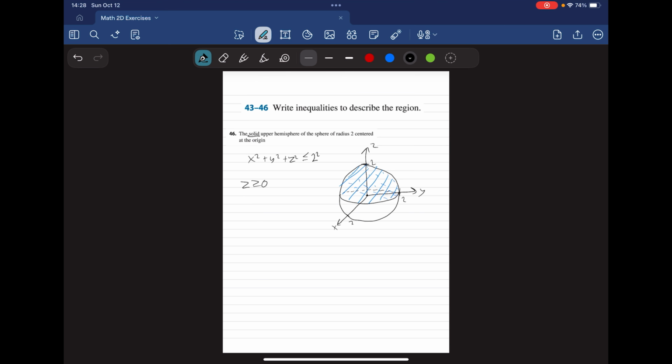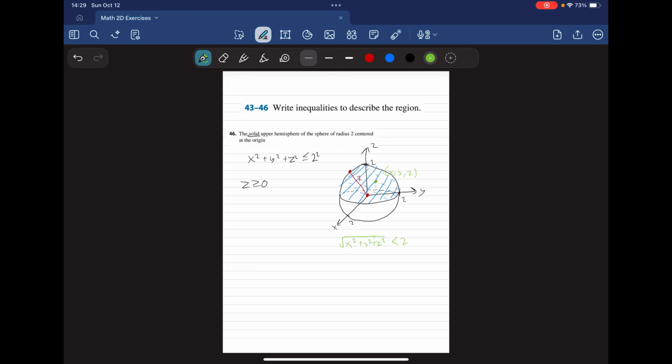One way to see this is that if you pick a point up here, say x, y, z, then because it's inside the big sphere, we know that the distance from x, y, z to the origin, which if you'll remember is just the square root of x squared plus y squared plus z squared, has to be less than the distance from the center of the sphere to the outside, which is 2.